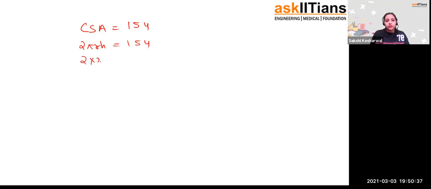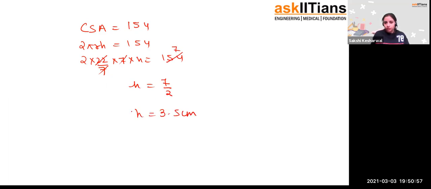So 2 into 22 by 7 into h is equals to 154. So 7 and 7 cancel, and this is 7. So h is equals to 7 by 2, or h is equals to 3.5 centimeter. This is your answer. Please write it down, beta.